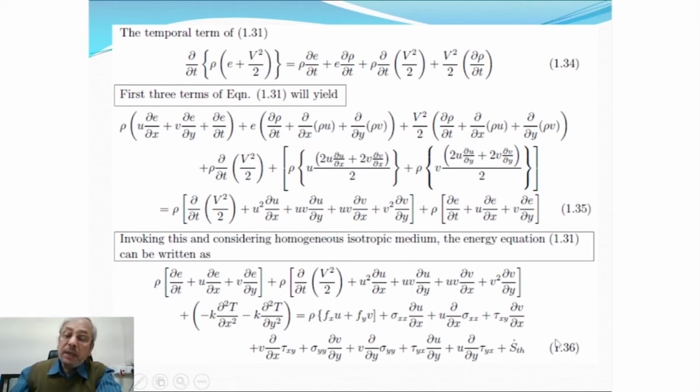And that is, again, the complete energy equation, where we have accountability of thermal energy and mechanical energy both.